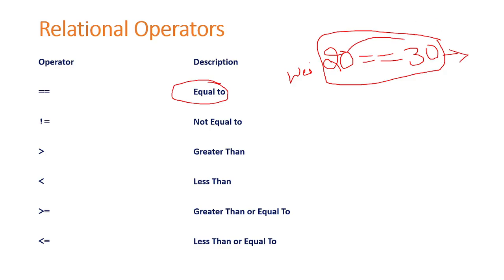Man A's weight is 20 and man B's weight is 30, so it is not true, it is false. What a relational operator does is compare two values and return a Boolean.